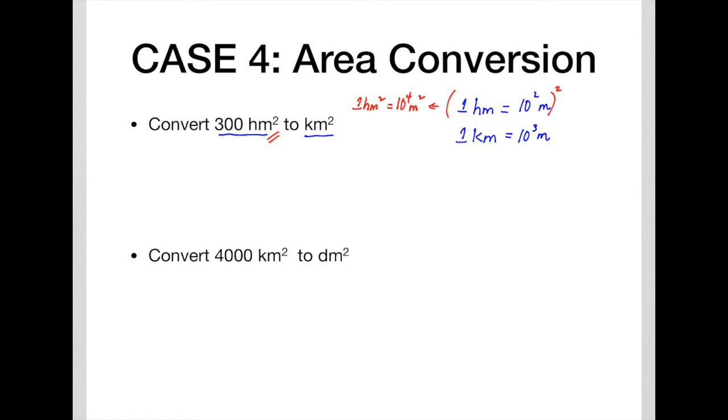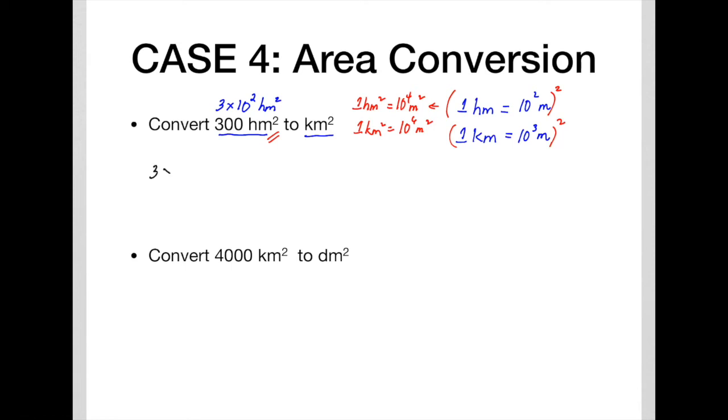At the same time, this 1 kilometer, square it, and that would become 10 raised to 6 meter square. So this time, let's convert this 300 hectometer square to scientific notation. And that is 3 times 10 raised to 2 hectometer square. We're now ready for our conversion.